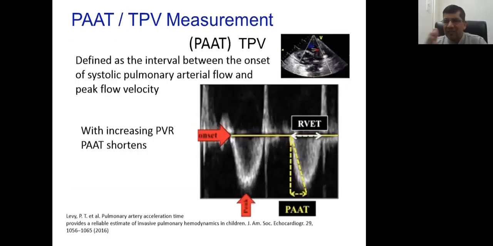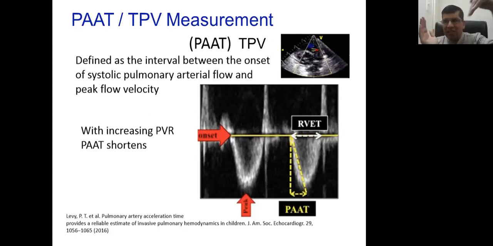The next methods of measurement of pulmonary pressures are methods where you cannot measure the numbers, but you can say this could be moderate, this could be severe pulmonary hypertension. This method is always present in all babies, which is called pulmonary acceleration time.